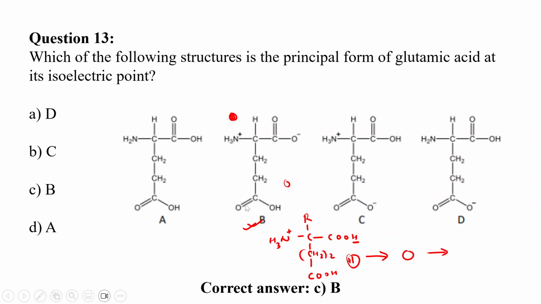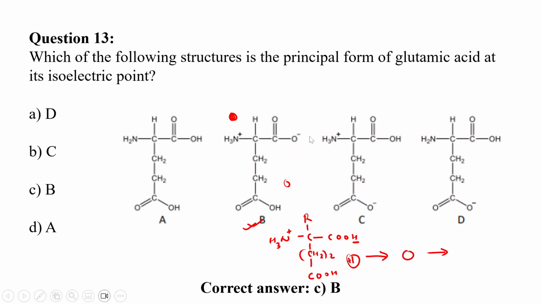So structure B is basically the correct answer, where your amino group and the carboxylic group is charged and the net charge is 0. Why? Because first the proton that will be released from the whole glutamic acid structure would be the carboxylic group's proton, which is attached to the alpha carbon.